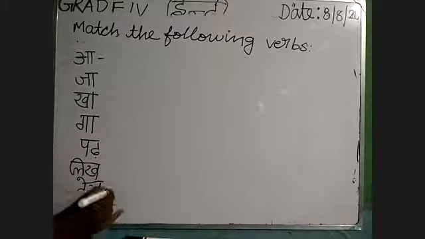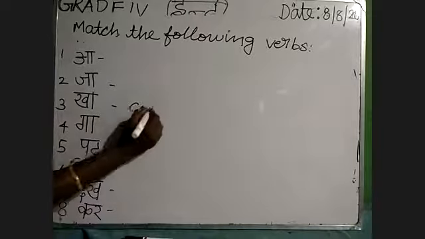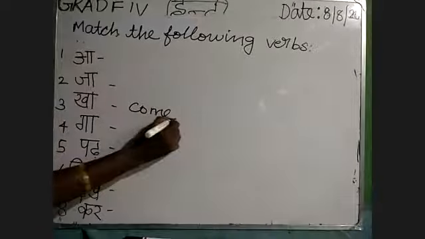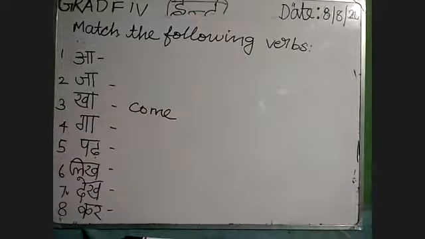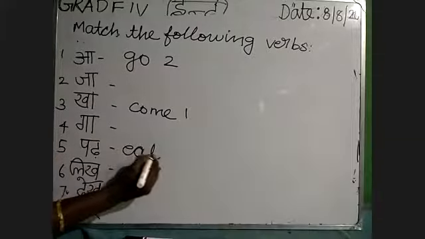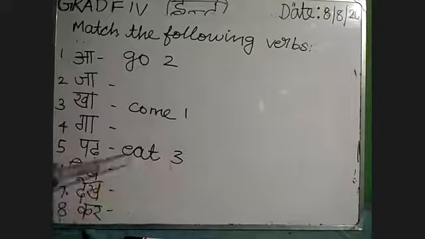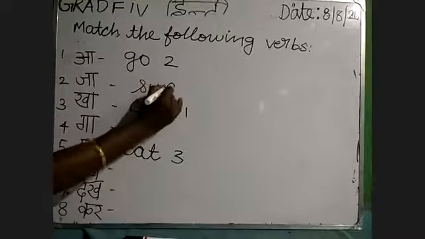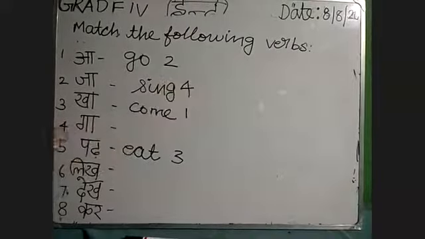This is 1, 2, 3. "Aa" means come. So you should match like this. "Ja" means go. "Kha" means eat. "Ga" means sing.